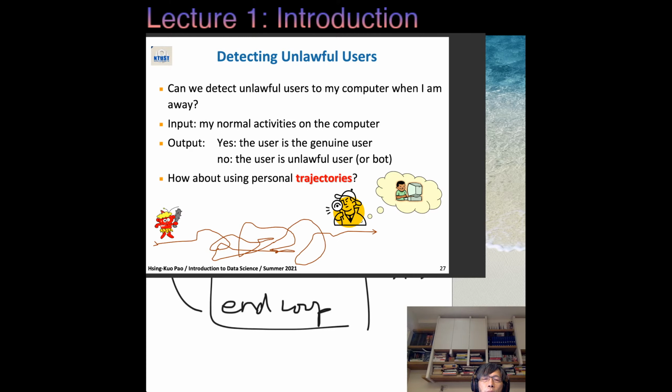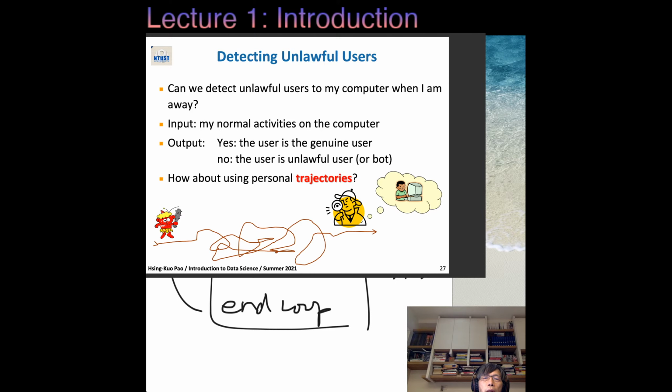So those players generate trajectories. We want to analyze that to see if we can separate them from other kinds of bots or robots. They are not real humans, but they can also play online games. Sometimes they die very quickly, but they can play so many times to get some benefit over real humans.